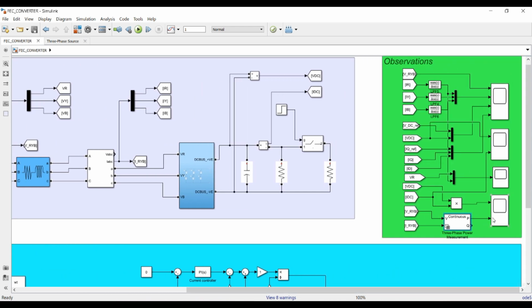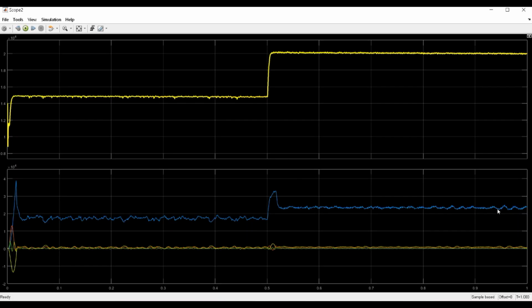P is the active power over here. So let us see. So you can see that at 700 volt, we are going to 2 into 10 to the power 4, so that is 20 kilowatt. So our rating of the converter was 20 kilowatt, so at 700 volt we are reaching 20 kilowatt. Okay, and this is the active power.